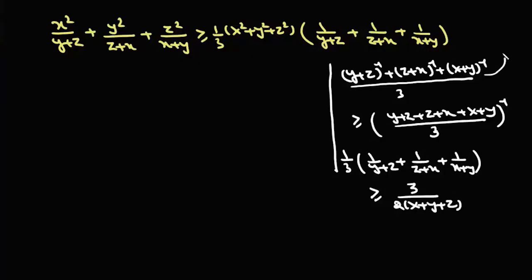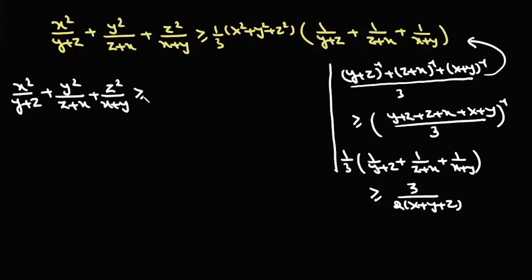And if we substitute this result here, then we can say x² upon (y + z) plus y² upon (z + x) plus z² upon (x + y) will be greater than or equal to (x² + y² + z²), and if we substitute this result, it will be this 3 times upon 2(x + y + z).